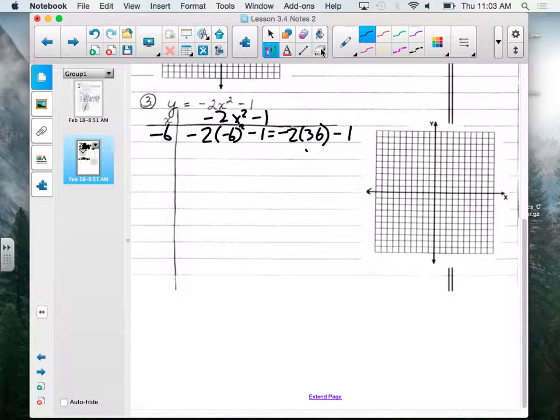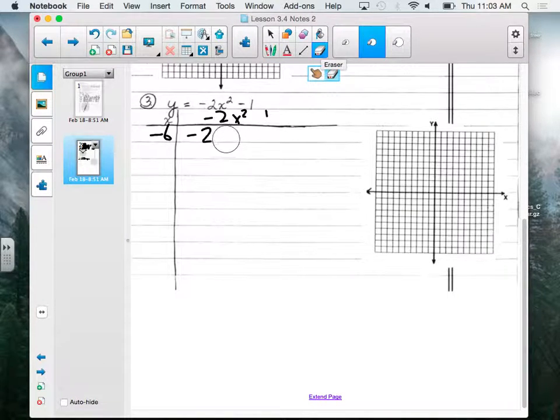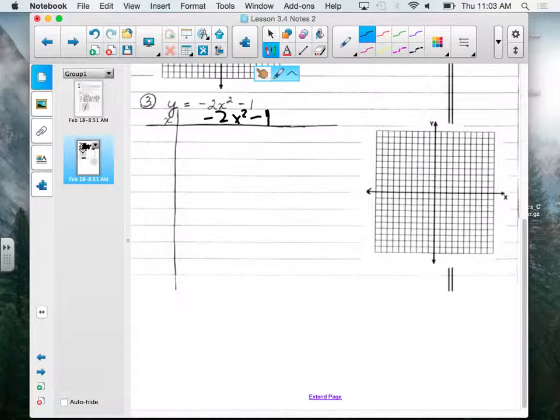So, negative 2 and negative 1. Those are good ones. Okay, negative 2, and 1. So let's plug in negative 2 for x. Negative 2 squared is what? 4.